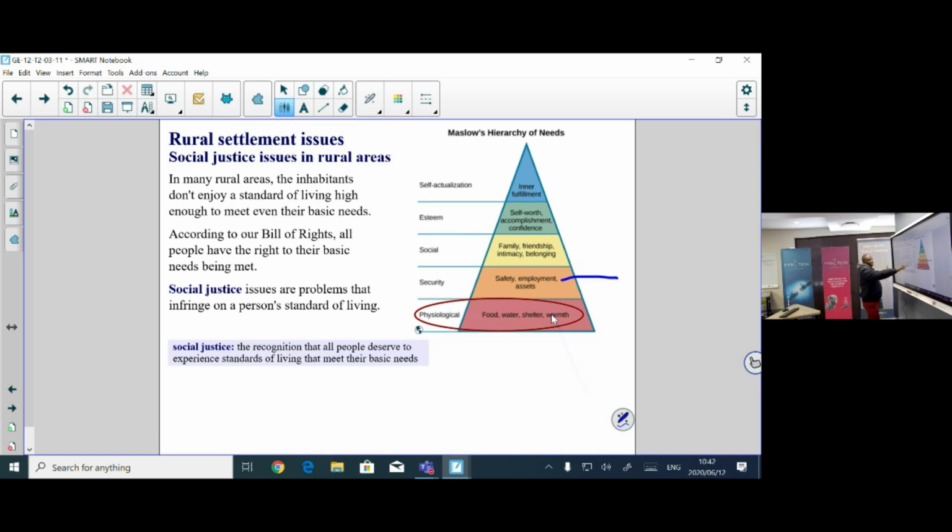Once the security needs are satisfied, a person will have a higher level of needs. So you need to have these satisfied first before you get those. Then once these are satisfied, you need another one. And this is the highest need, which is inner fulfillment. That is when you are doing charity, helping others and so forth.